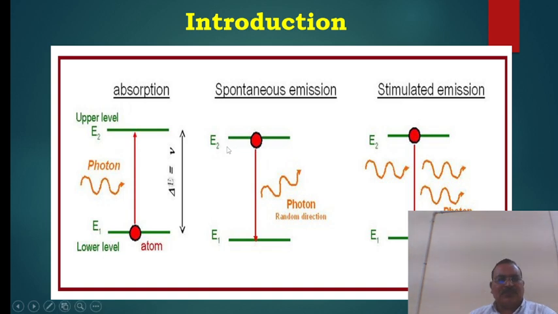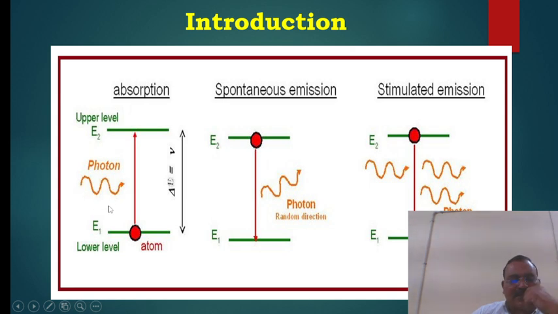Okay, in this figure we are observing that there is a photon moving towards a system, any type of system. And if the atom of the system is in the ground state, the lower level, then this photon will be absorbed by the atom, having frequency h nu greater than the band gap.